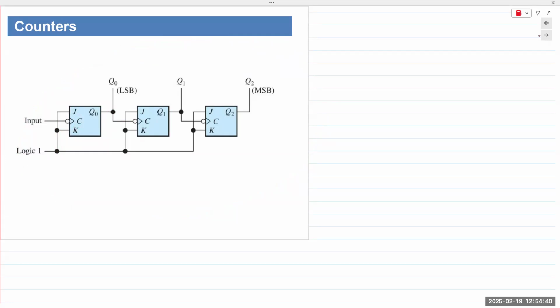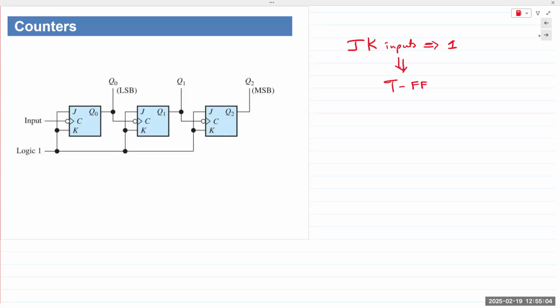All right, so let me begin again. J and K inputs are both connected to 1. Hence, we obtain a toggle or a T flip-flop. The T flip-flop output simply toggles between 0 and 1.